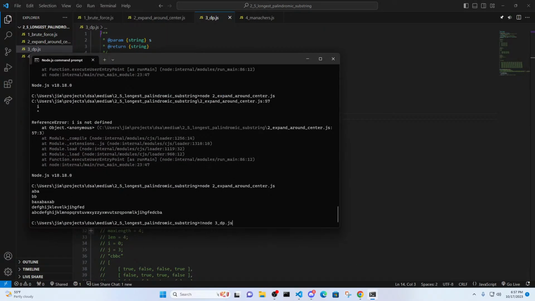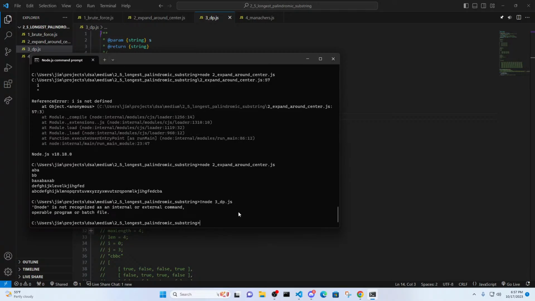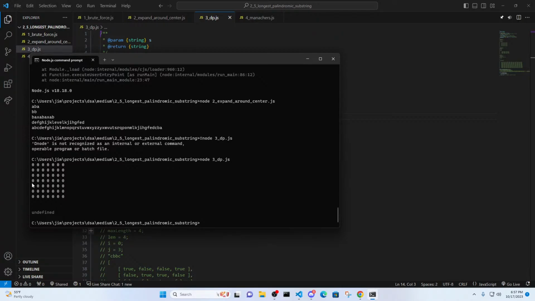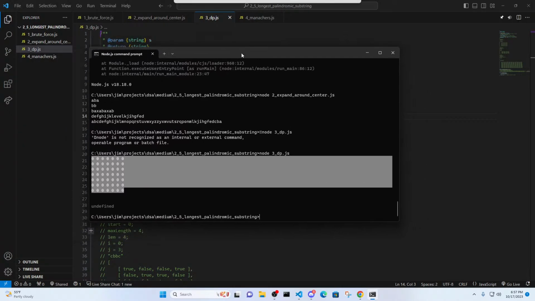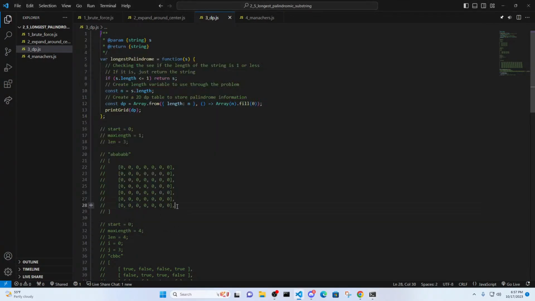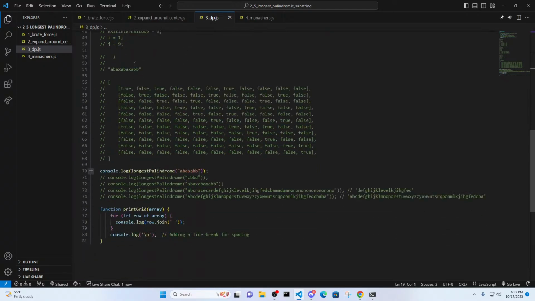So if I run, oops, there we go. So we have a grid filled with zeros. And the example I'm using in this one is just this string right here. So we have 1, 2, 3, 4, 5, 6, 7 characters.